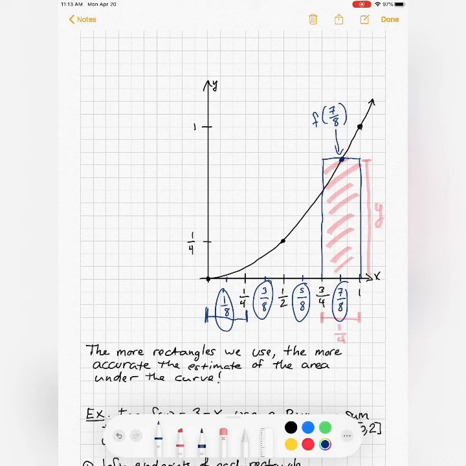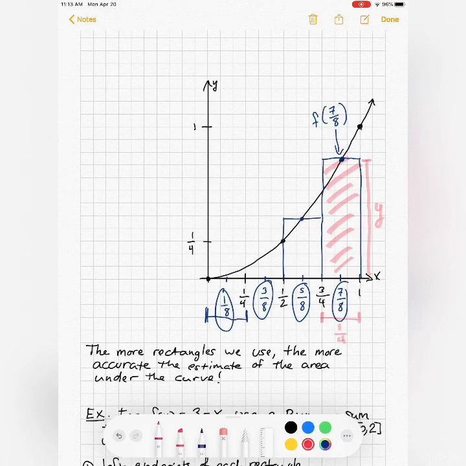Should I go ahead and draw the rest of the rectangles in while I'm at it? So here's this next midpoint, 5/8. So the point's right about here. So that's going to be what I use for the height of that rectangle.